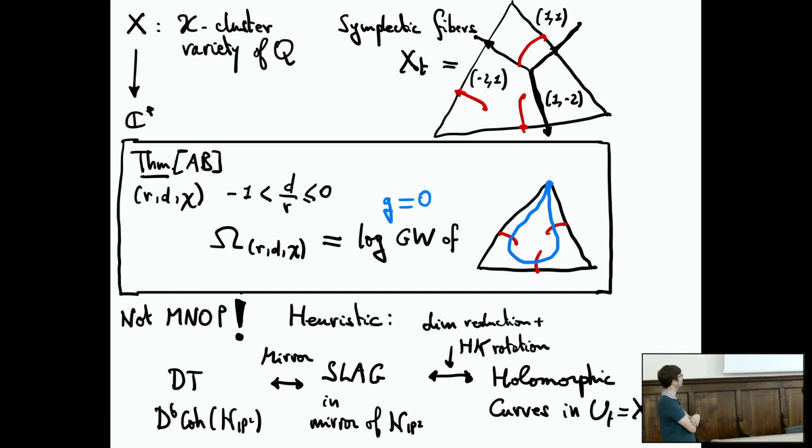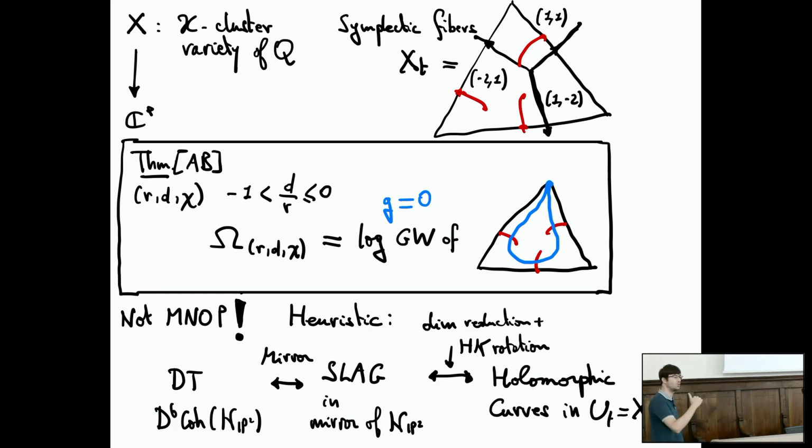And so this mirror of local P2 is a three-dimensional non-compact Calabi-Yau. But somehow this three-dimensional geometry can be naturally reduced to a two-dimensional geometry, which is Calabi-Yau of dimension 2, so which is holomorphic symplectic or hyperkähler. And this three-dimensional special Lagrangian can be related to a two-dimensional special Lagrangian in this hyperkähler geometry.